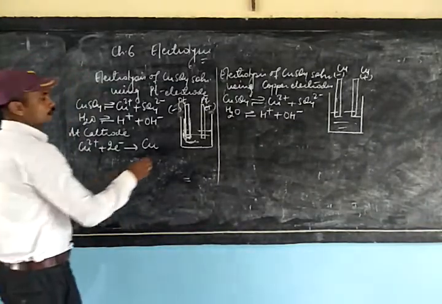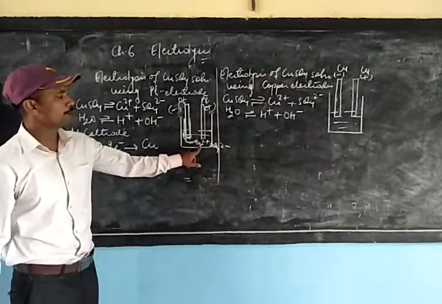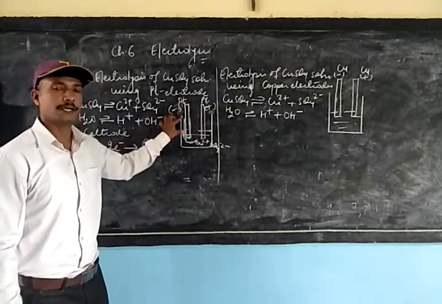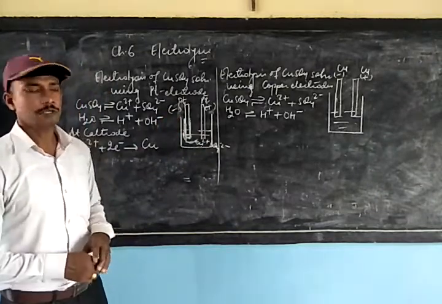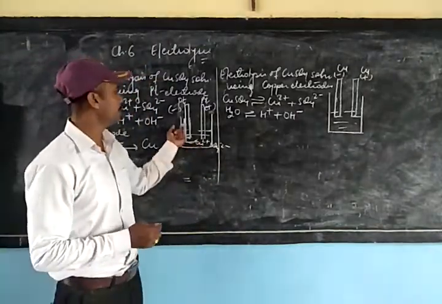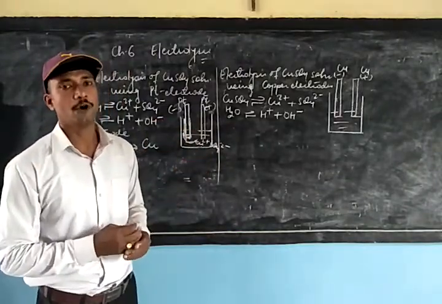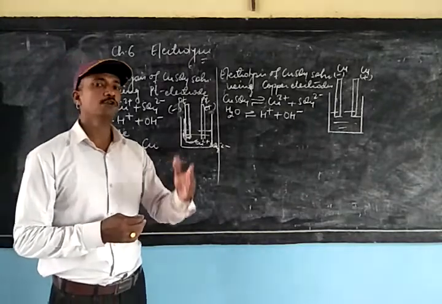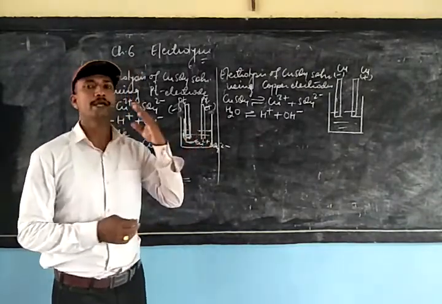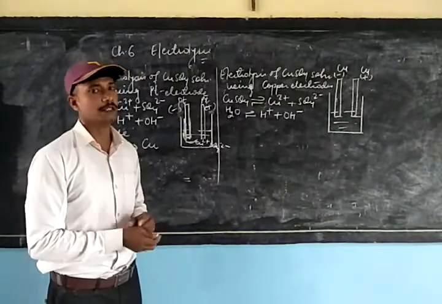And since we have Cu2+ and SO4 2- in the solution, this cupric ion will be deposited at the cathode, leading to the decrease in the concentration of copper ion in the solution, because all this copper ion will be deposited here, and the time will come when the solution will have no copper ion left in it. And due to decrease in the cupric ion in the solution, the blue color of the solution will slowly start fading and will change to colorless. This will be the observation that can be noticed.